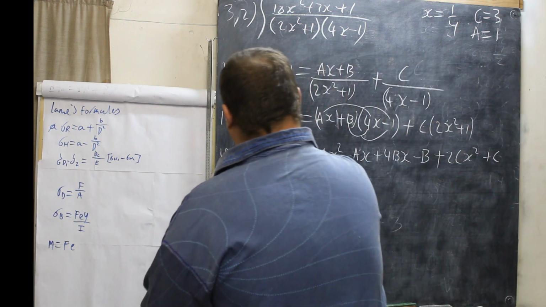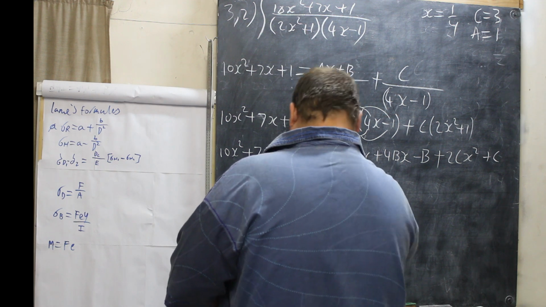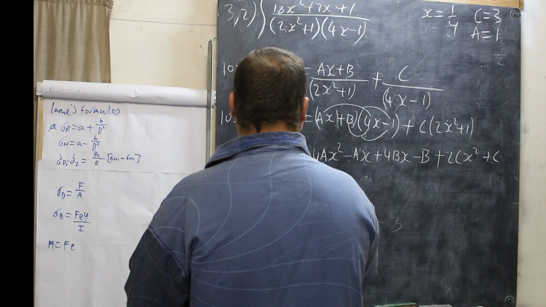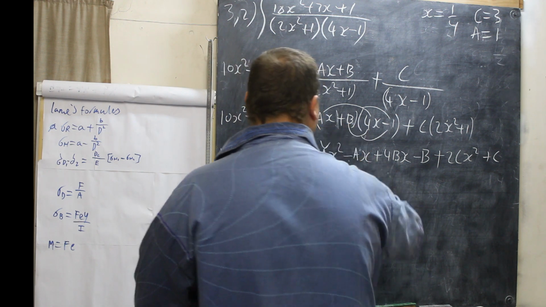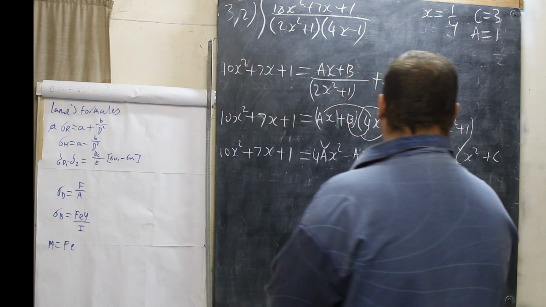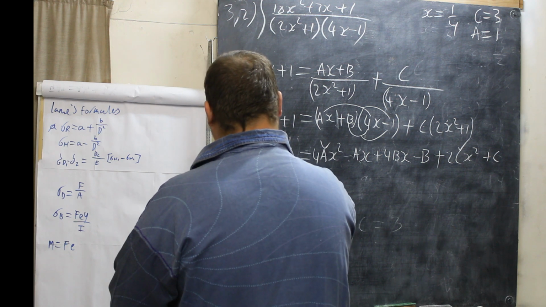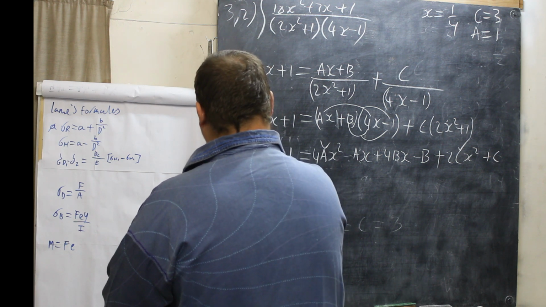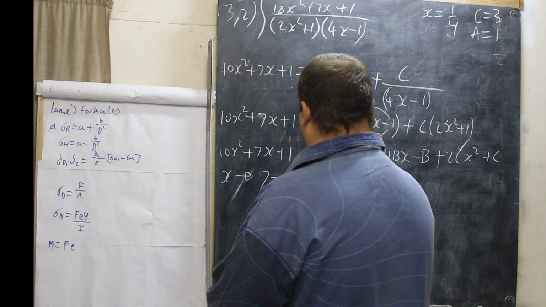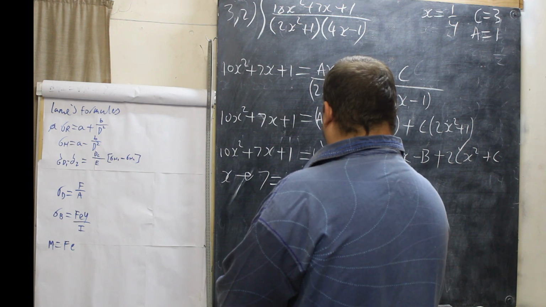So now next solution. Now we've used that and we use that. So let's use AX. So we got 7. So X is just 7 equals minus A plus 4B.